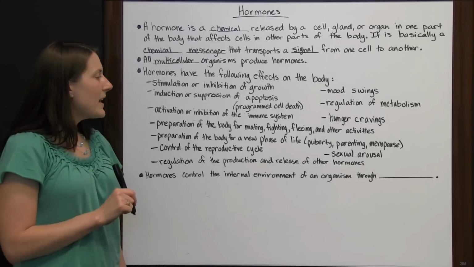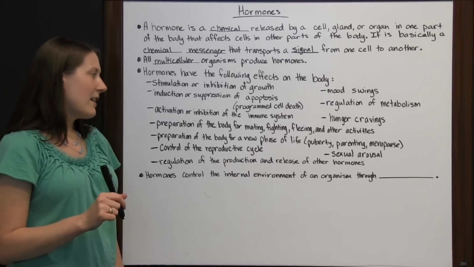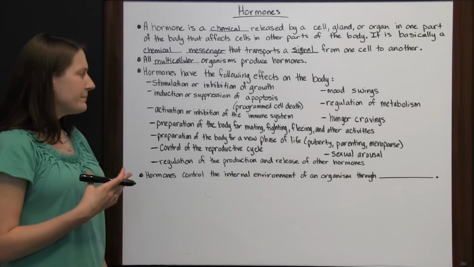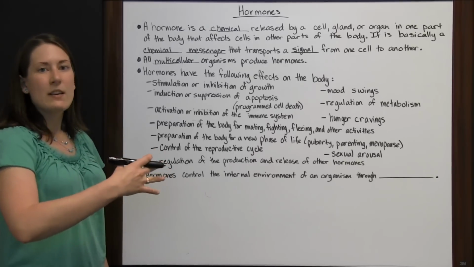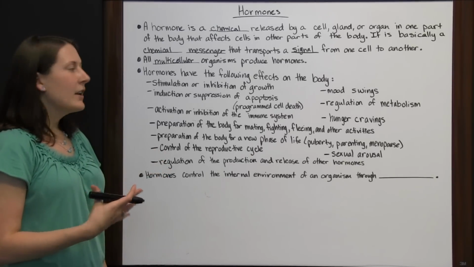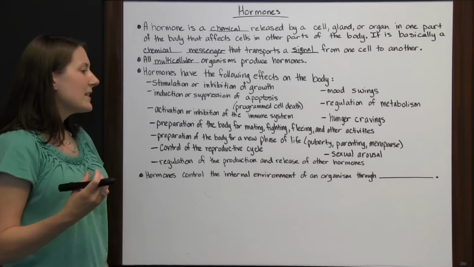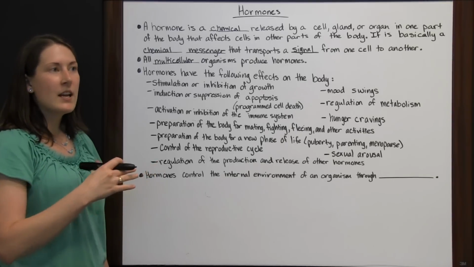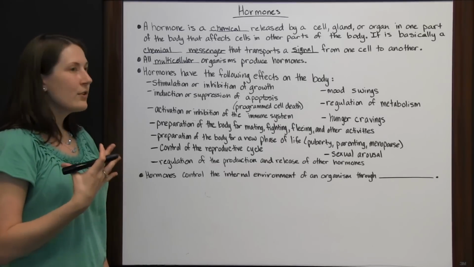Preparation of the body for mating, fighting, fleeing, and other activities. If you've heard of the fight or flight instinct, this would mainly be the hormone adrenaline or epinephrine, where your body creates adrenaline and it gives you this powerful rush and you feel like you could do anything.